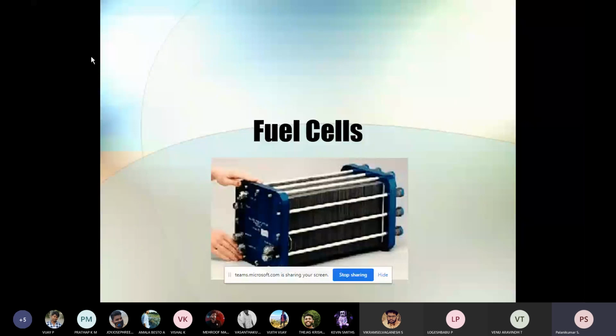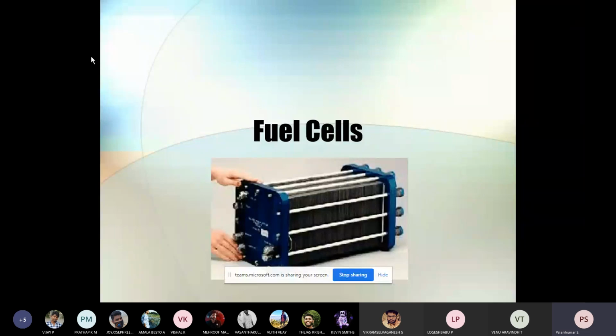If this technology is properly addressed, it is going to be a very silent generator capable of producing a very high amount of energy. But unfortunately, we still don't have a very safe method of using a fuel cell. Otherwise, there won't be any good power generator like this.